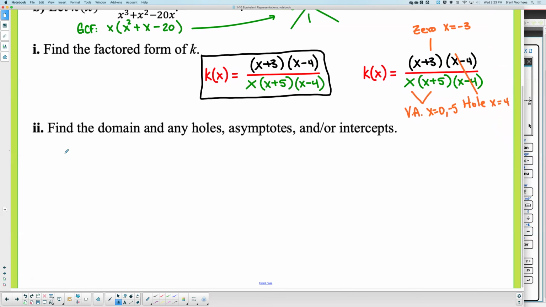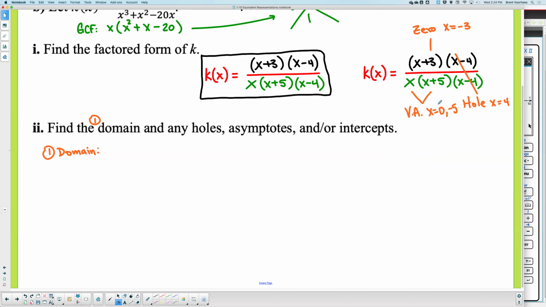All right, if I try to roll through this, domain comes first. What are the only values of x that will not exist? Because remember, a polynomial is supposed to be all reals. This is a polynomial divided by a polynomial. You would think, since it's all reals divided by all reals, it would be all reals, but it's not. What's the one value you cannot divide by? You cannot divide by zero.